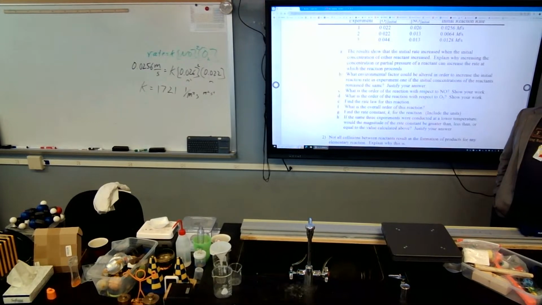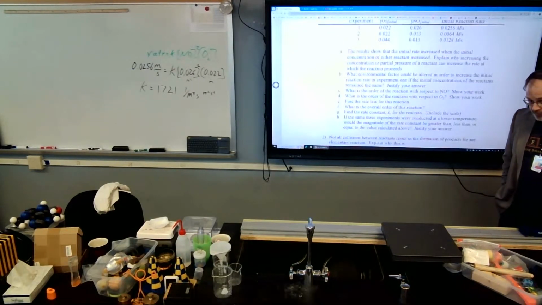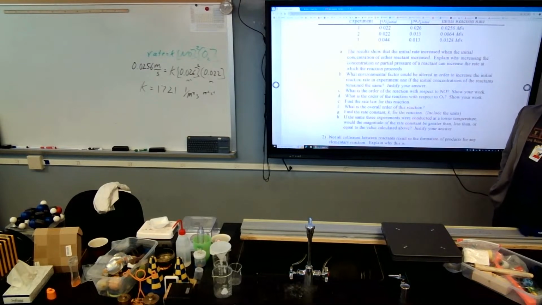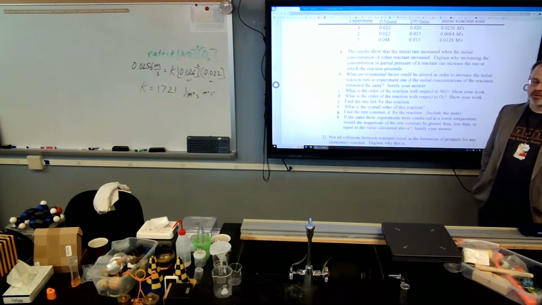Because the average kinetic energy of the particles is lesser, so they would collide less frequently. And because they're carrying less energy, the number of collisions would create fewer favorable collisions.